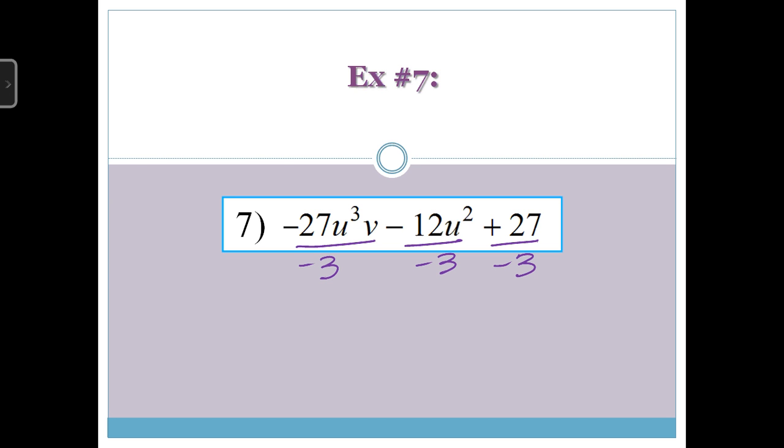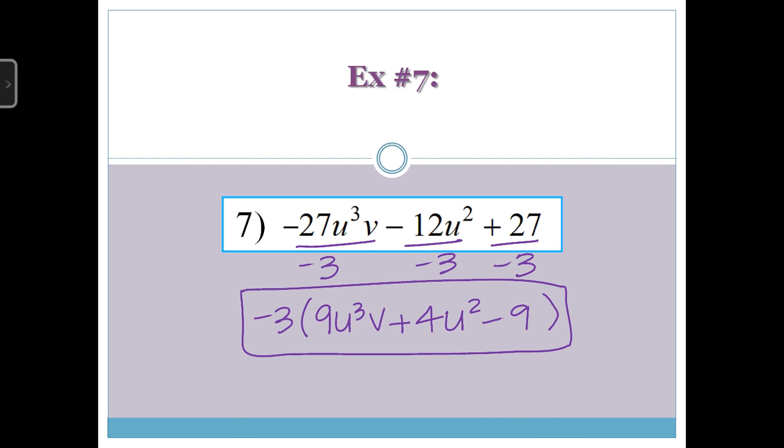Remember, if the leading coefficient is negative, the GCF is negative. And then when you divide that out, the negative 3 comes out front. And there's your answer. The remainder goes inside the parentheses.